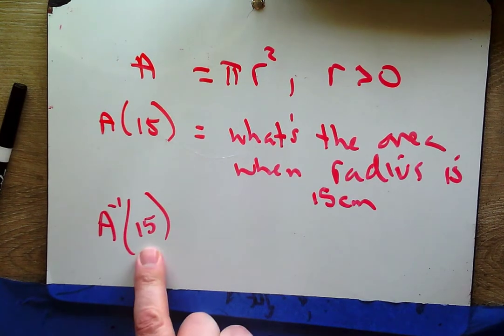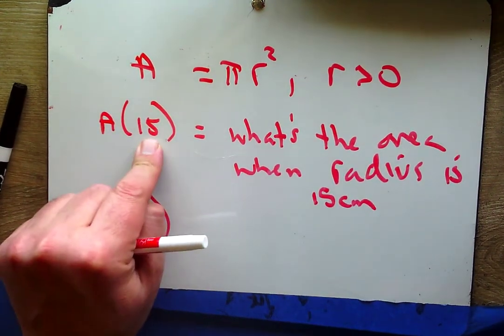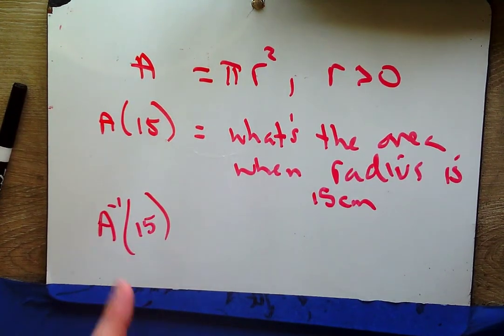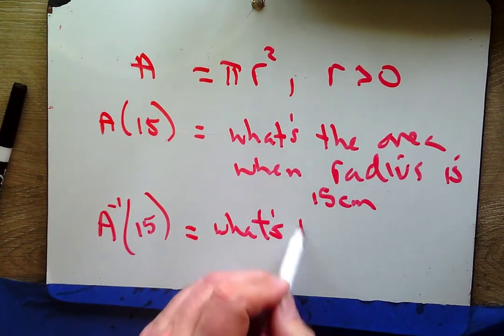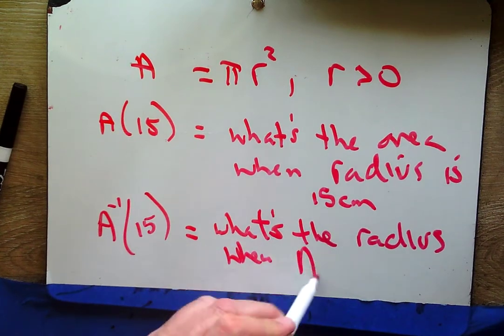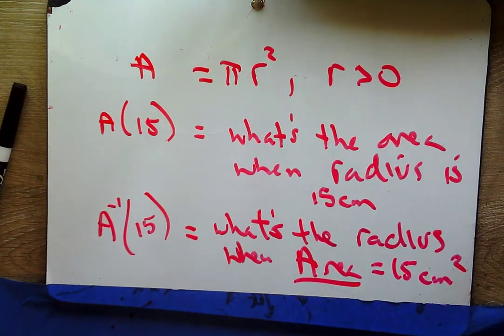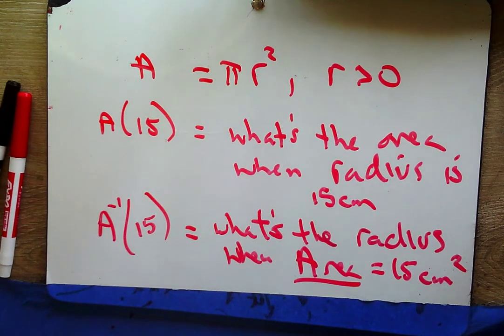That's right. This is not a radius. If on the original function the input was radius and the output is area, when I'm looking at the inverse function, the input is area and the output is radius. This is asking the question, what's the radius when area equals 15 centimeters squared? Okay, and that's kind of important. It's definitely ACT important. Yeah, we need to be thinking about that.